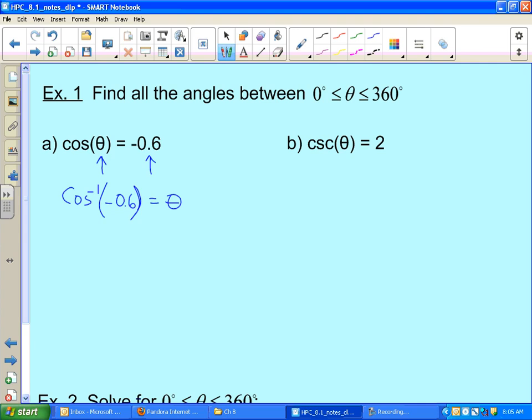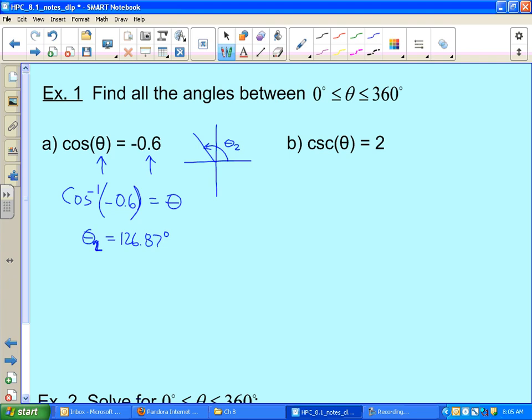I get 126.87 degrees. So theta, we'll call it theta 2 because it's actually in quadrant 2. Theta 2 would be 126.87 degrees. So a little picture of what we have happening here is we've turned an angle this way.